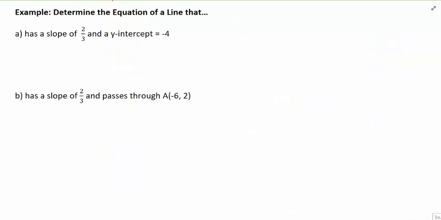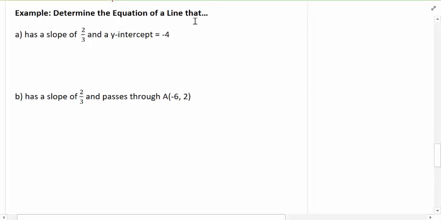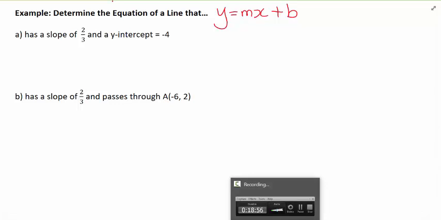Alright, so the usual form of the equation of a line that I'm looking for is y equals mx plus b, unless it's going to be a vertical or horizontal line. So this is what I'm looking for, y equals mx plus b.